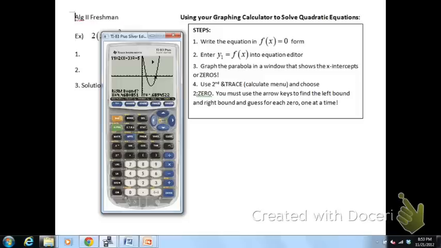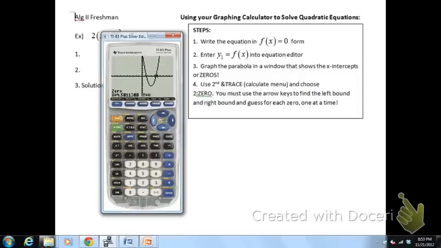Now, when it asks me for the right bound, we're trying to find this 0, so to the right of that coordinate, it's got to be somewhere up above in that area. So when I do my right bound, I'm going to go up above the 0 and hit enter. And my guess has to be somewhere in between the two, near the 0.